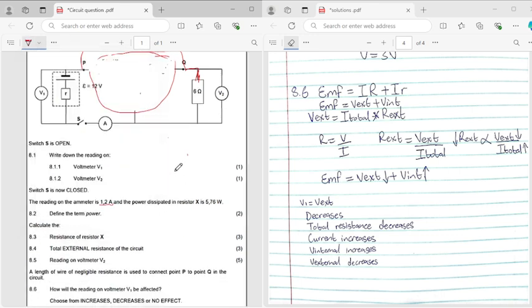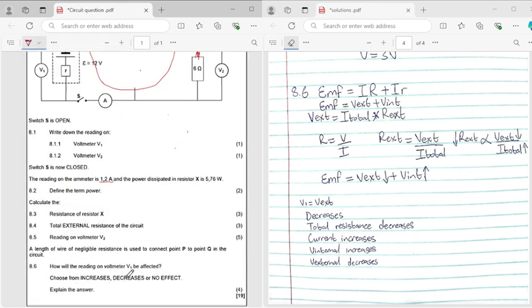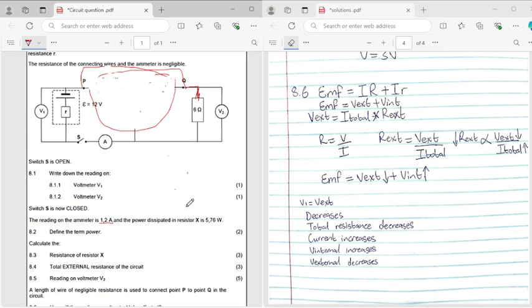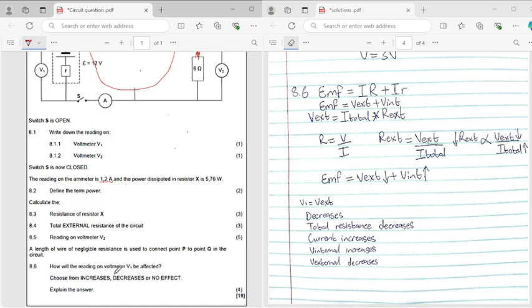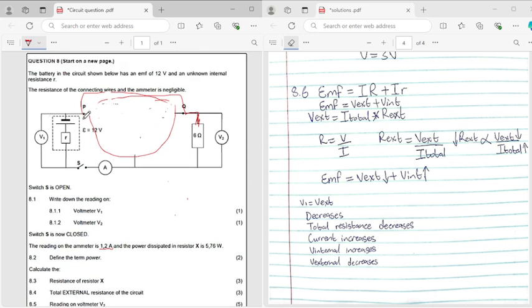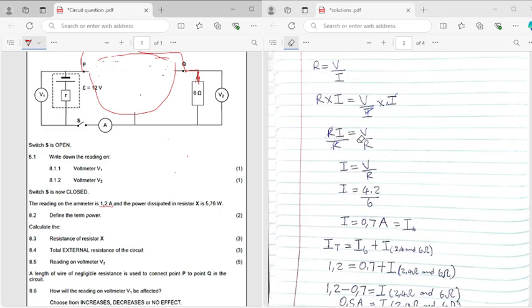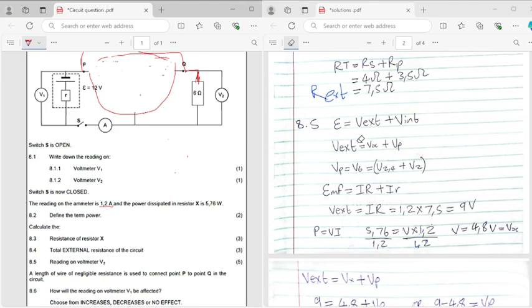Okay, so now we want to know that if this case happens, what will be the reading on voltmeter V1? Remember, the current will just be flowing in that way, so it's just like there's a straight wire. And remember, you calculated our total resistance. We said the external resistance was 7.5.